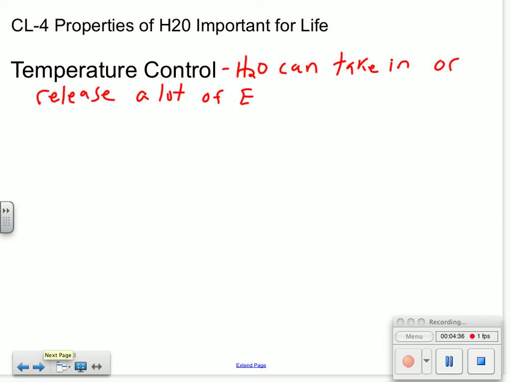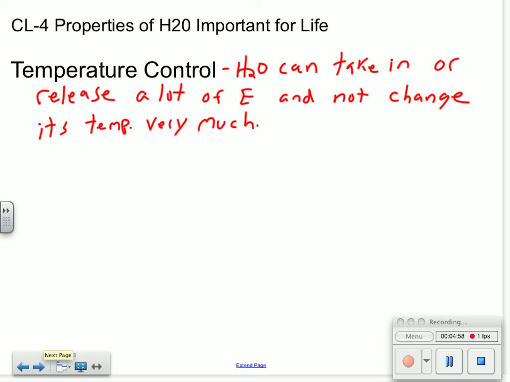Remember, energy is abbreviated big E. And not change its temperature very much. So water can take in lots of energy from the sun or other places it gets energy from the earth and not change its temperature very much.